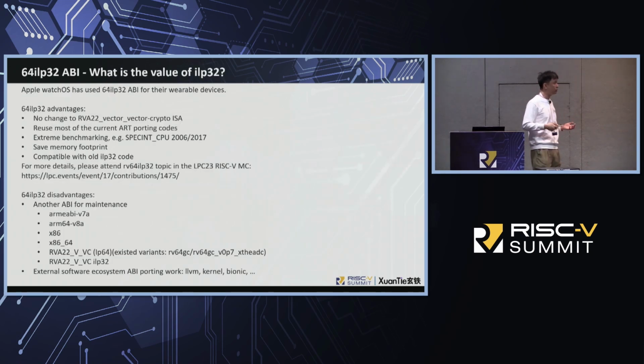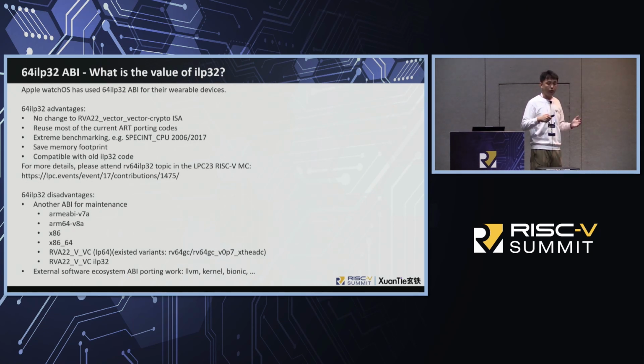Another topic is also about ABI. We saw that Android has big opportunities in wearable devices and tight-memory devices. So let's think about 64-bit ILP32. This has had success in the Apple Watch.